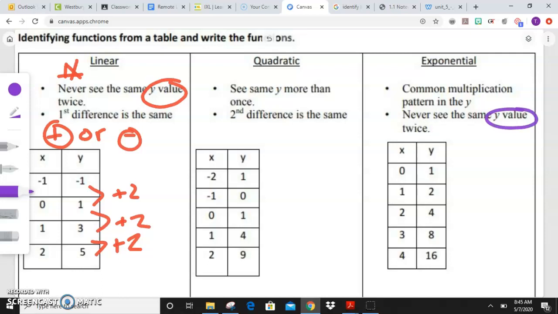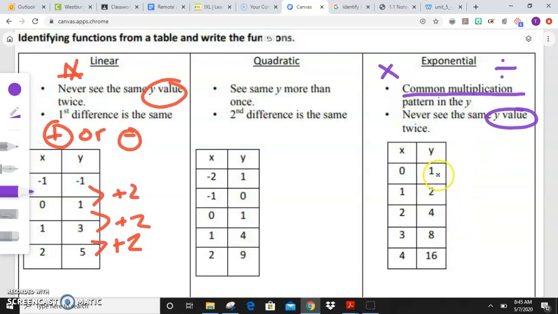However, there's going to be multiplication. We could see multiplication or division. Linear was either adding or subtracting: if it adds or subtracts by the same number every time, it's linear. Over here, if it multiplies or divides by the same number, it's going to be exponential.